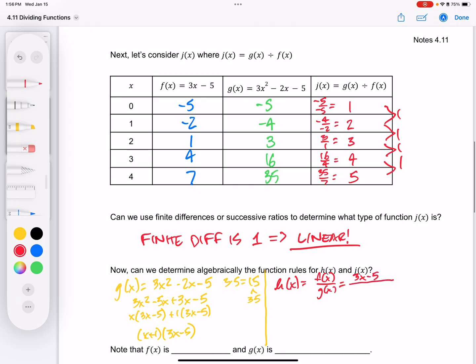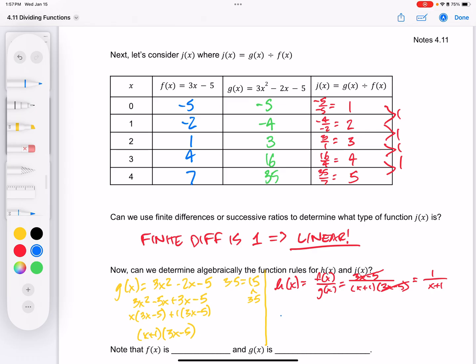And for g of x, I'm going to use the factored form, x plus 1 times 3x minus 5. What do I notice? I can cancel the stuff in the numerator and the denominator, and I get 1 over x plus 1 for h of x.